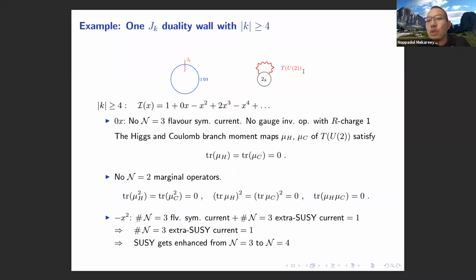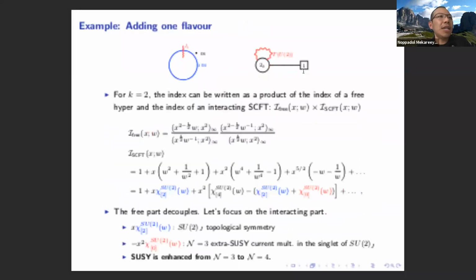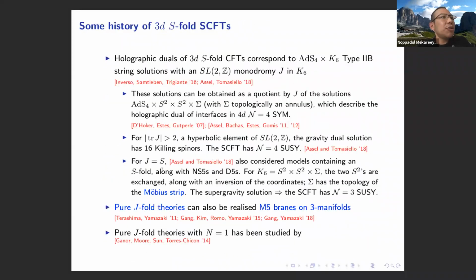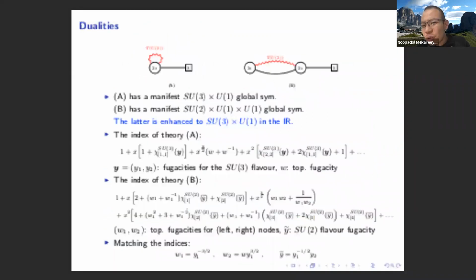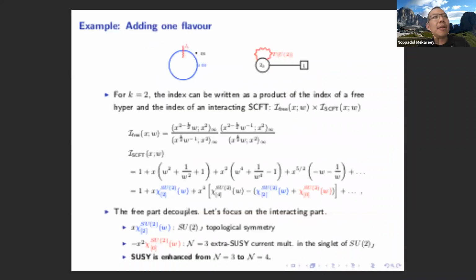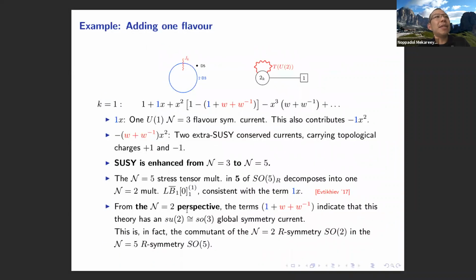This is due to lots of nice work by Terashima, Yamazaki, Dongmin Gang and various people I should cite, that pure theory you can realize on M5 branes on a 3 manifold. It's a close cousin of this. But once you add matter, which is crucial for N=5 here, we don't know the M theory.